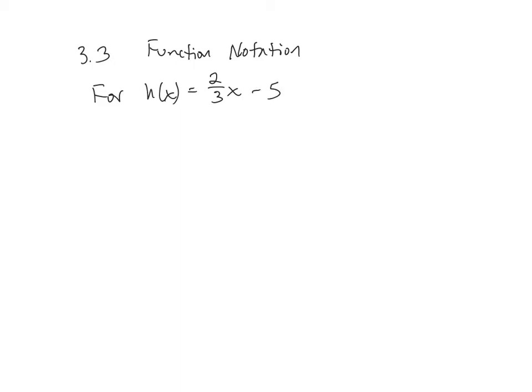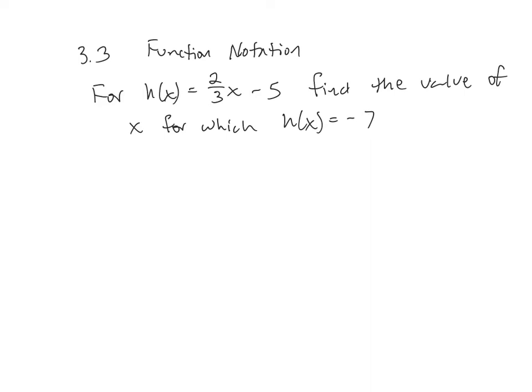For h of x equals 2/3 x minus 5, find the value of x for which h of x equals -7.